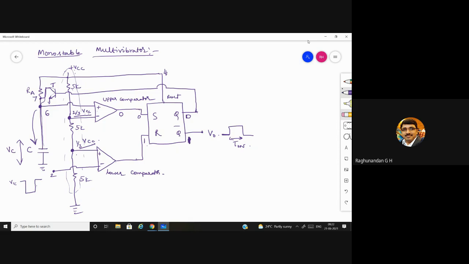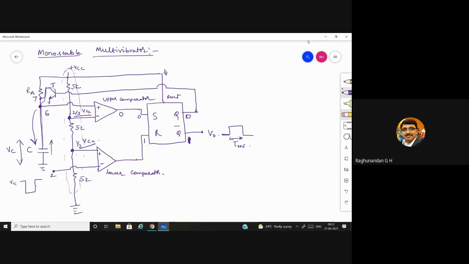When this comes to 1, since the output of Q is 0, this is going to switch off the transistor. When the transistor switches off, the current through plus VCC is going to flow directly through the capacitor, and the capacitor again starts discharging.